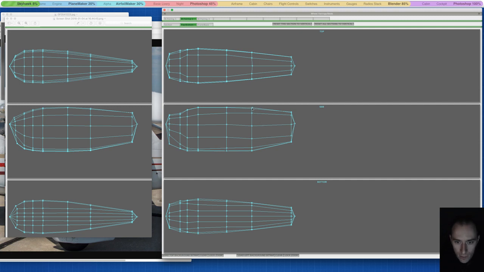Yeah. Let's just build it like it's hot.